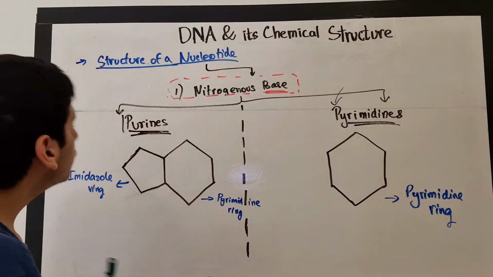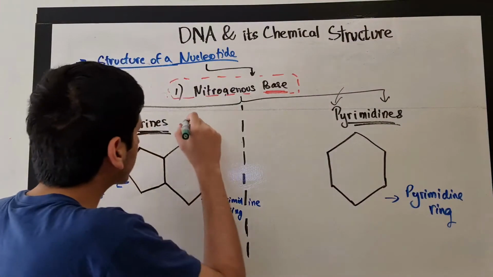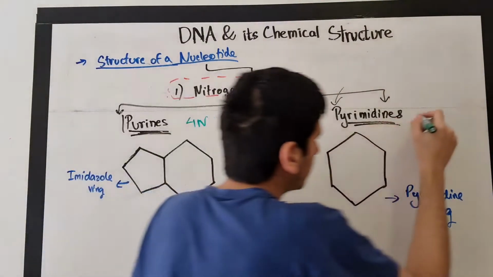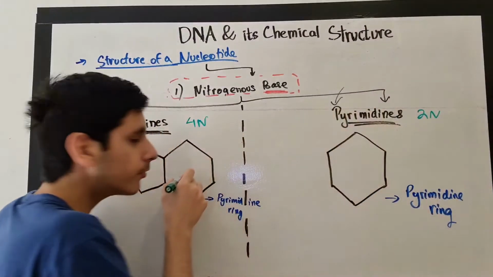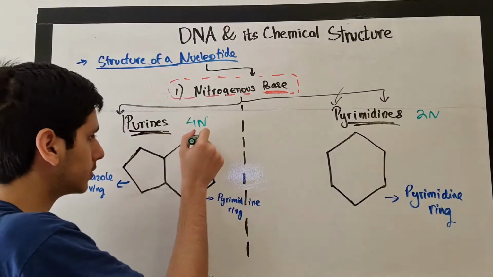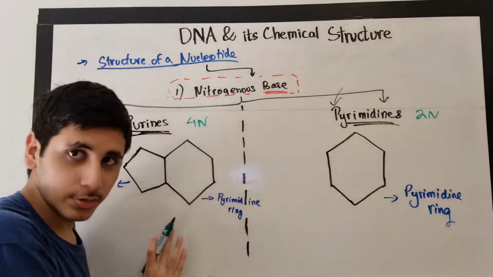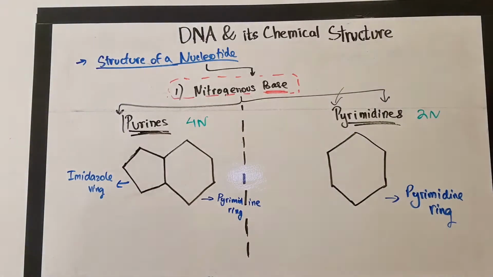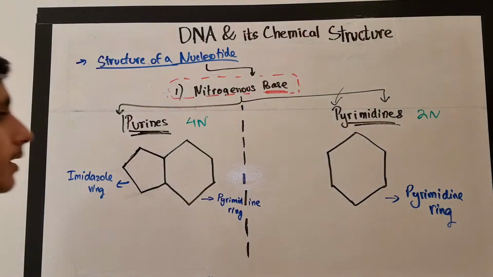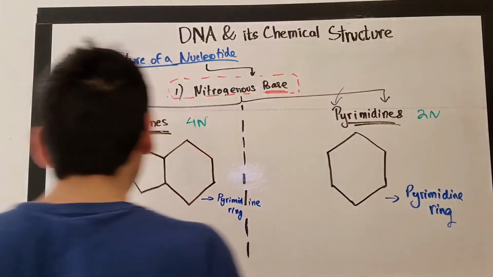So purines, like we know, have 4 nitrogen atoms, and pyrimidines have 2 nitrogen atoms. And the pyrimidine ring in the purines has 2 nitrogen atoms. And the imidazole ring has also 2 nitrogen atoms. So, where are those nitrogen atoms located?